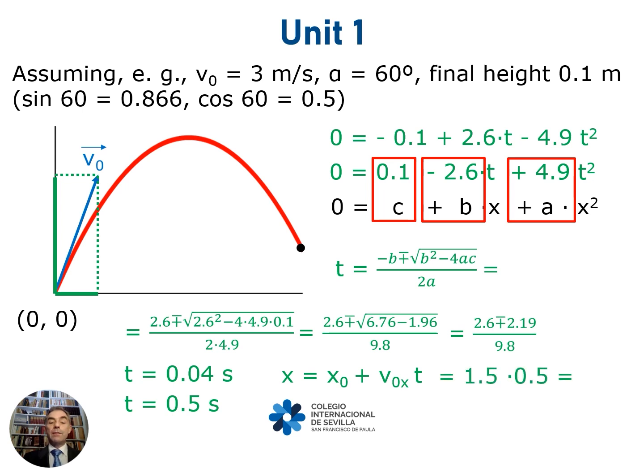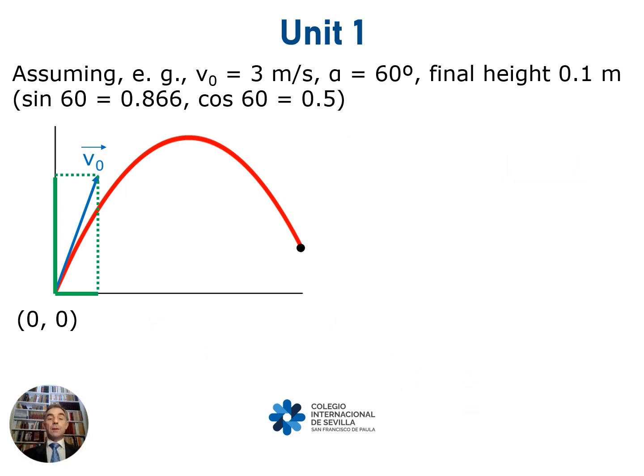So we have 1.5 times 0.5, and that gives us 0.75 meters, meaning the black dot on the scheme we have on the slide is 0.1 meters high, and it is 0.75 meters distant along the horizontal axis from the origin of coordinates.